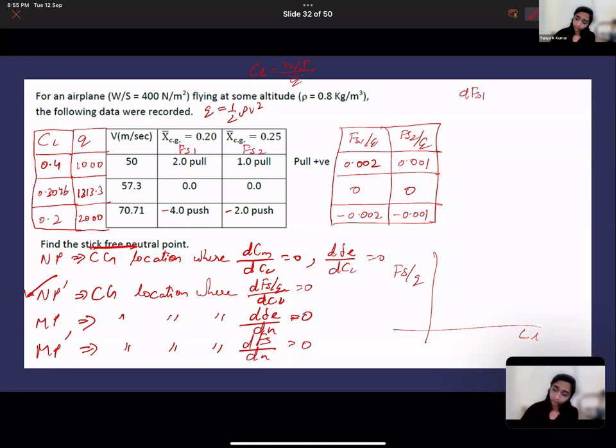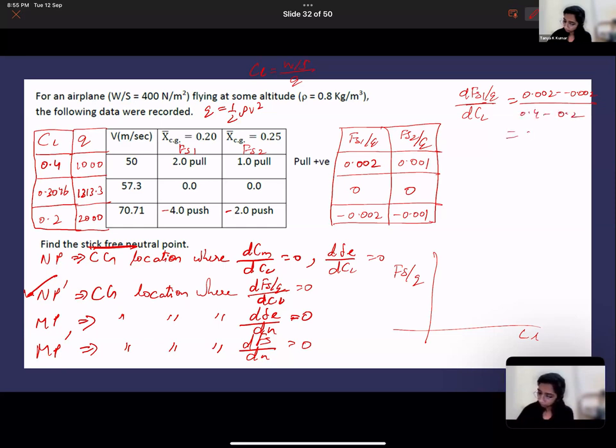So dFs1 by Q by dCl. What is the first one? Slope of this first line. Just take the first and last point for simplicity. So the slope is 0.002 minus of minus 0.002 by dCl is 0.4 minus 0.2.